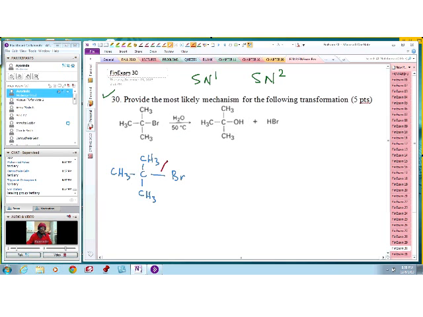It simply breaks away in a heterolytic cleavage. Once it breaks away, it forms, in this case, a tertiary carbocation.